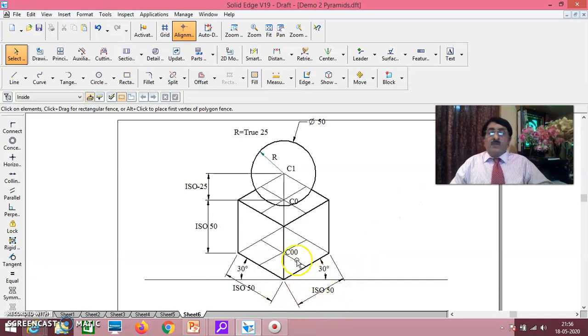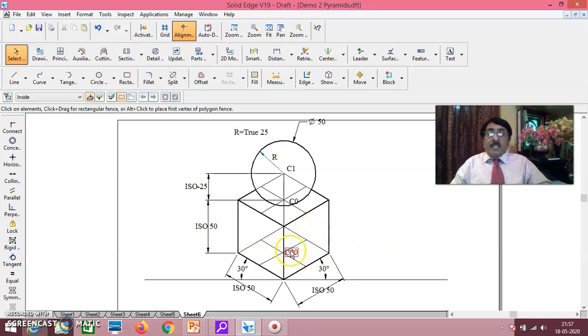Now you see here, C naught naught. First you draw this cube of sides 50. Take the actual sides as 50, as I've done, and then multiply by the scale factor 0.816. You get the isometric projection of a cube.